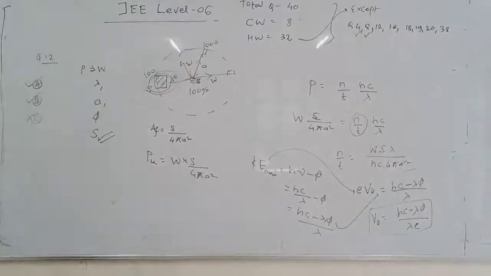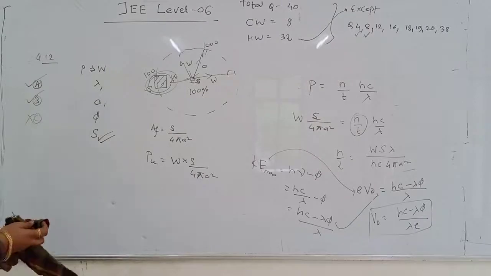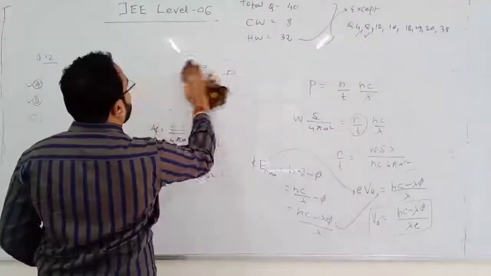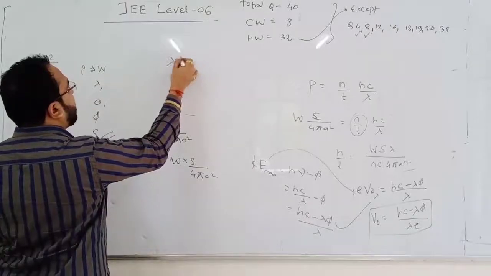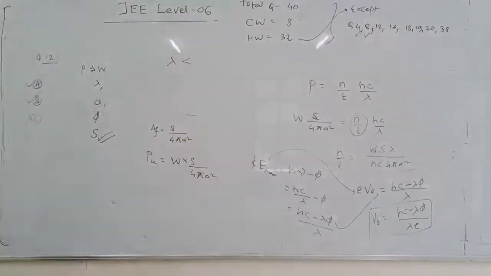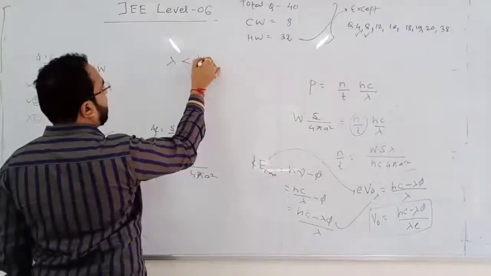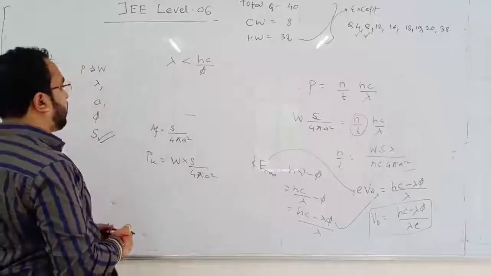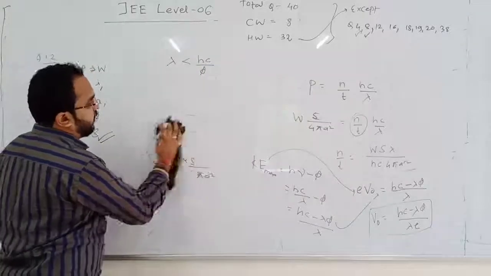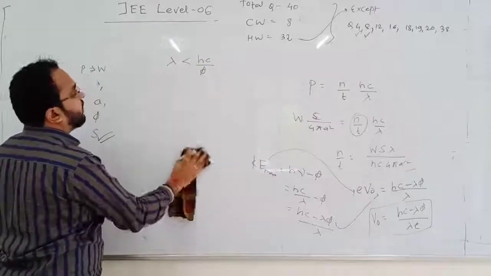Next, photo emission occurs only if lambda lies in the range: lambda is less than hc by phi. Whether it is correct or not, tell me.